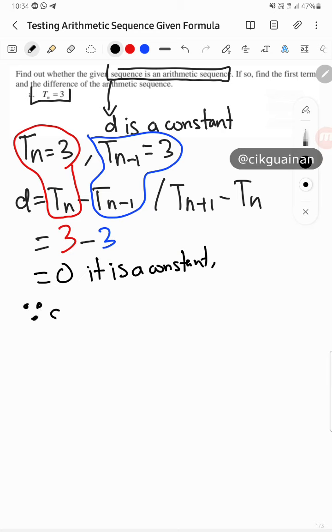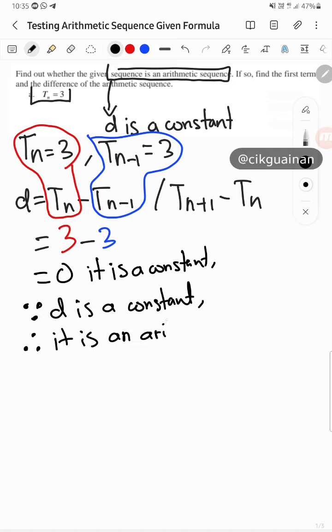Since d is a constant, therefore we can conclude it is an arithmetic sequence. Done already. If so, we can continue with the first term and the common difference.